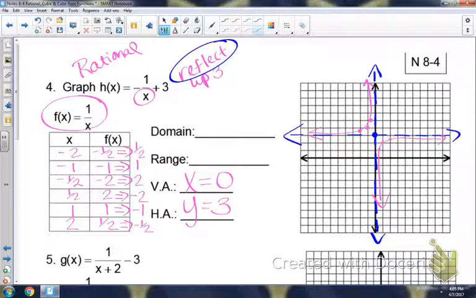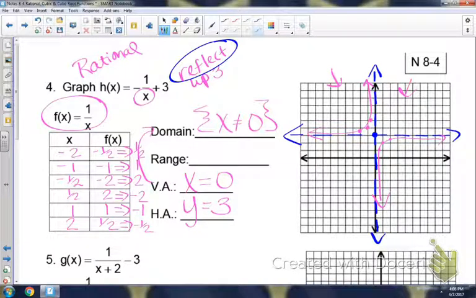Okay, so my domain, remember, is going to be all real numbers except what causes your denominator to be 0, which is your vertical asymptote. So that would be x cannot equal 0. Because notice we're using all of these x values, but not 0 in the middle.